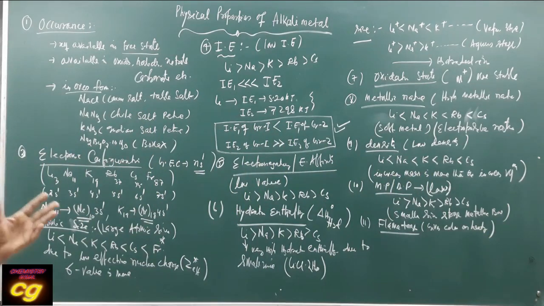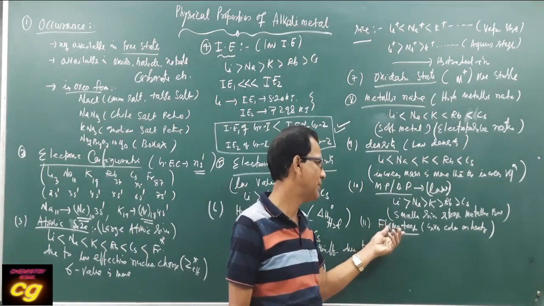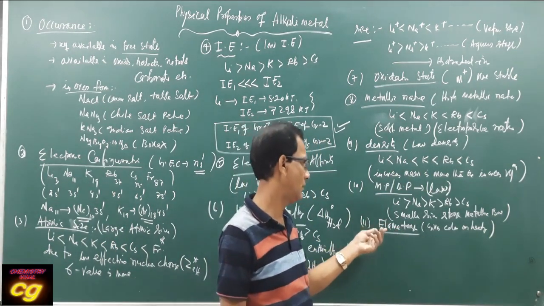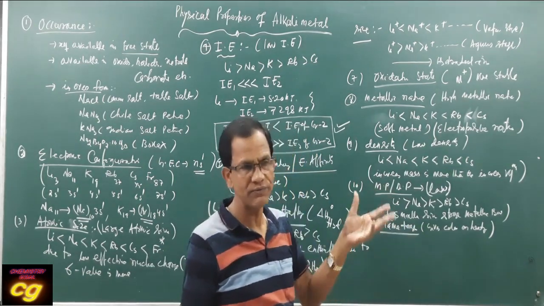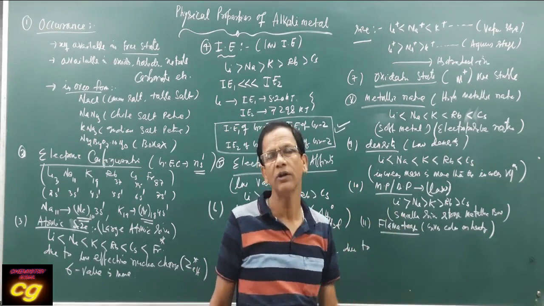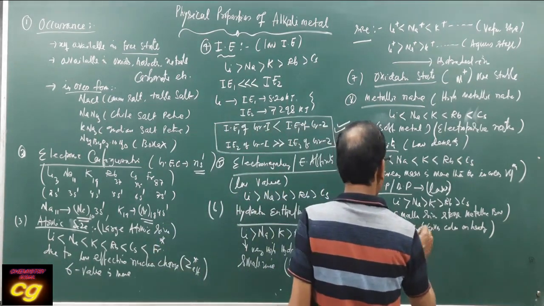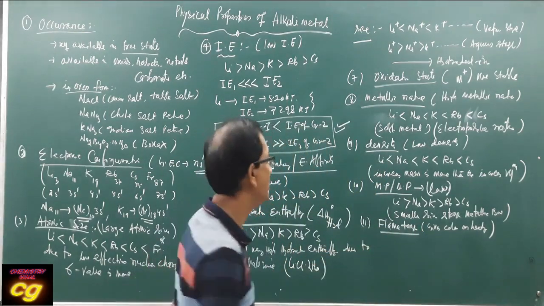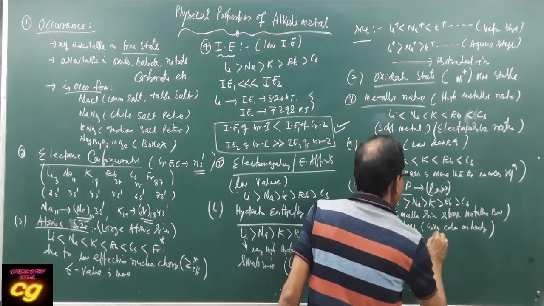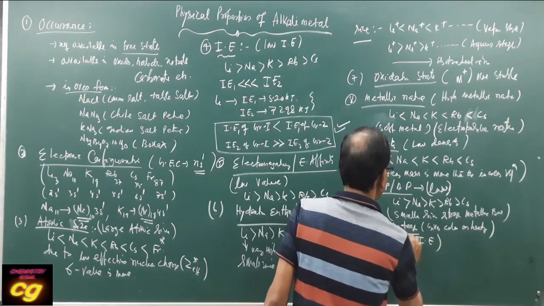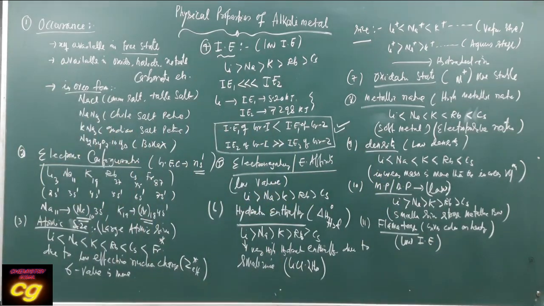When the flame test is carried out, they impart different colors to the flame. Why do they show the flame test? Due to low ionization energy. This is the answer.